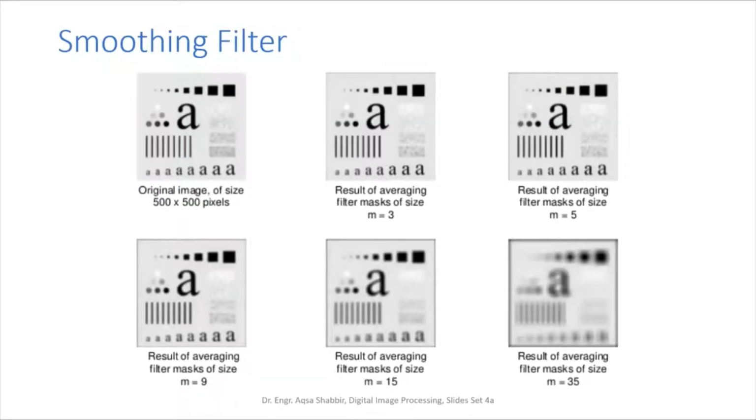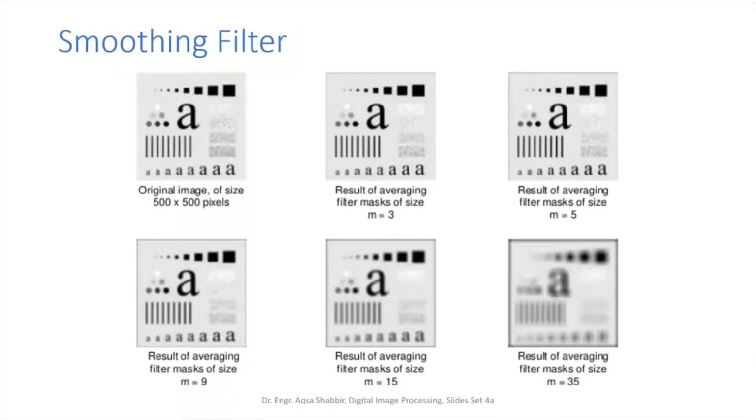Once again, the effect of smoothing as a function of the filter size is illustrated over here. The figures show an original image and the corresponding smoothed images obtained after applying square averaging filters of sizes m equals 3, 5, 9, 15 and 35 respectively.